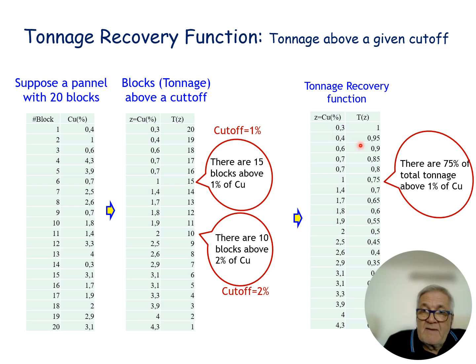For example, above 0.3% grade, we have 100% of all tonnage, which is, for example, 20 tons. Above 0.4, we have 0.95, 0.85, etc. There is 75% of total tonnage above 1% of copper.